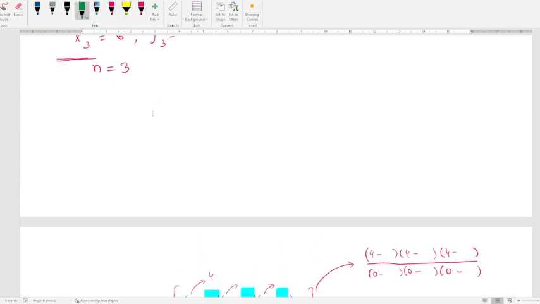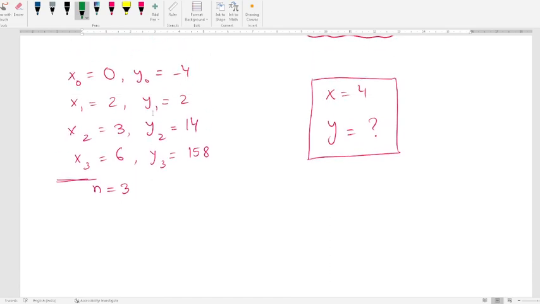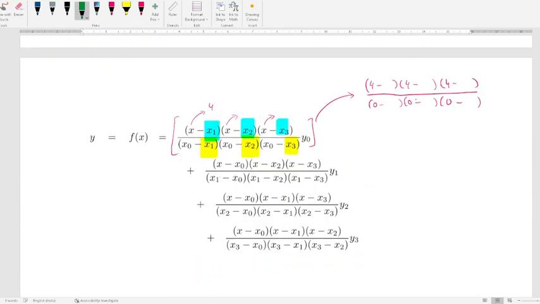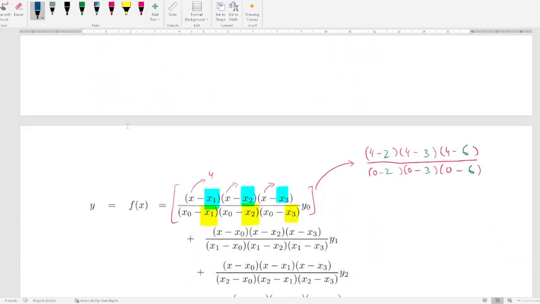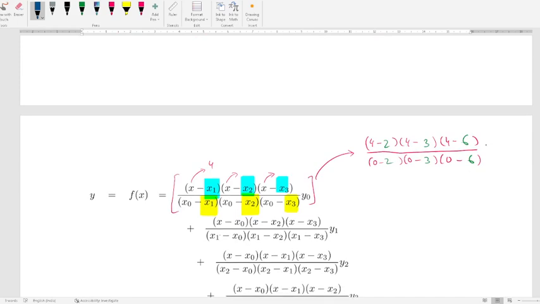Okay, let's look at it. x1, x2, x3 are 2, 3, and 6. So I'll write 2, 3, 6, 2, 3, 6. And then this entire thing is multiplied by y naught. So y naught is equal to negative 4. Correct? So we'll write negative 4 here.